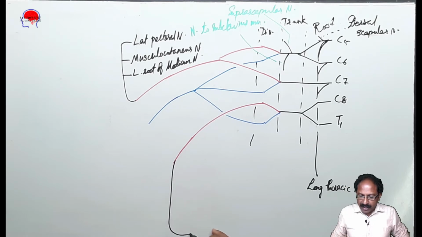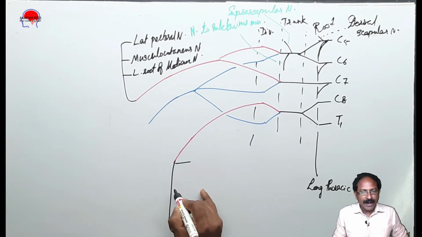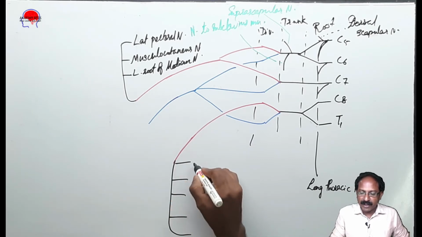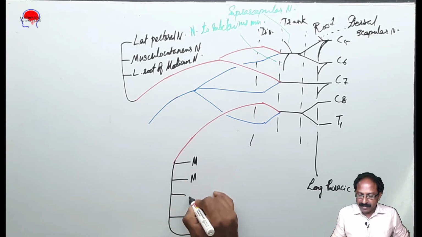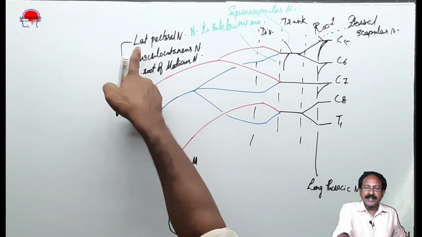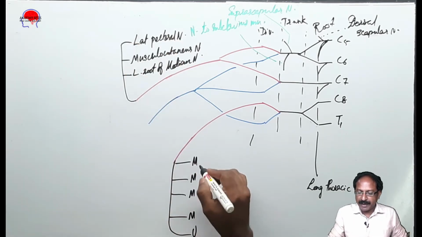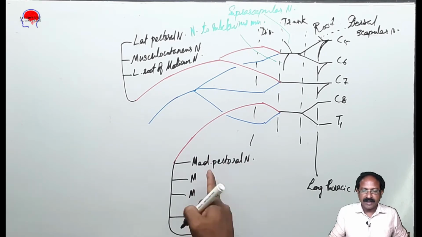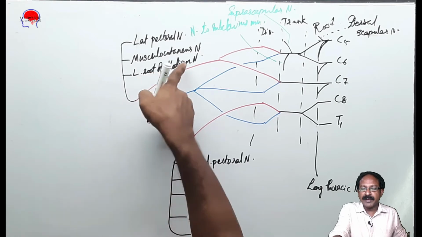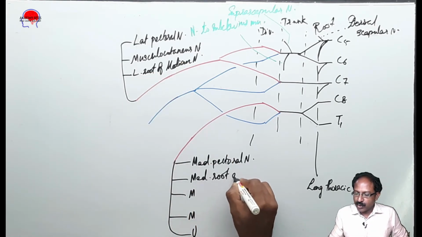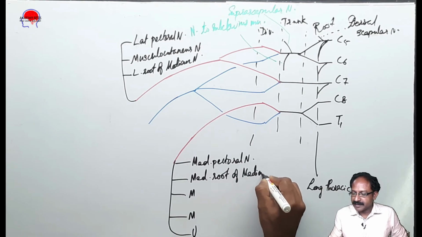From the medial cord arises 5 branches. You can remember by the code M, M, M, M and U. Here is the lateral pectoral nerve. So here will be medial pectoral nerve. There is lateral root of median nerve. So here will be medial root of median nerve.